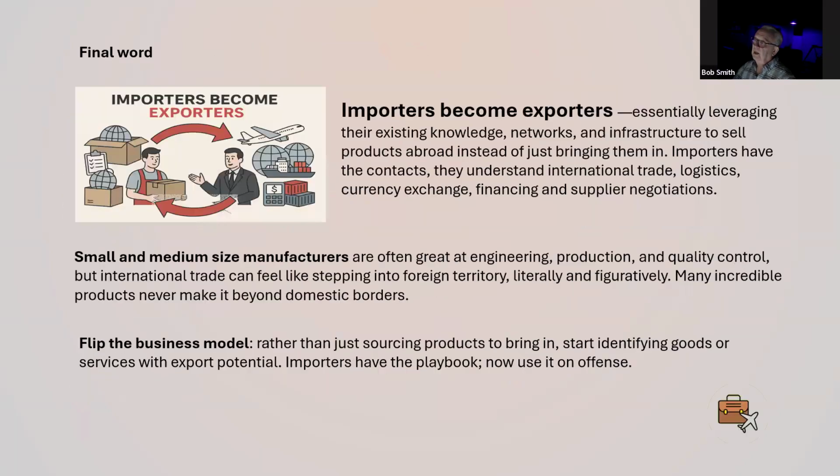I guess one of my last is importers become exporters. If you're an importer and you do some traveling and buying, make some contact with Canadian exporters, particularly small and medium-sized exporters.